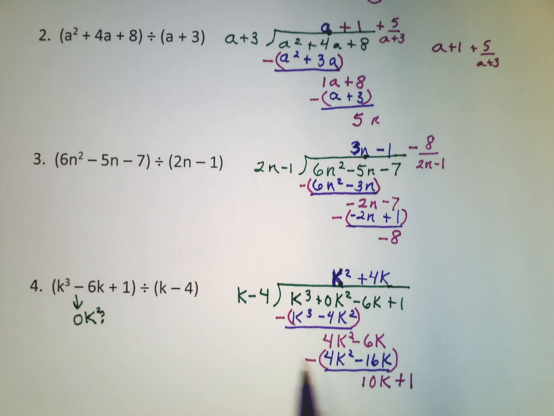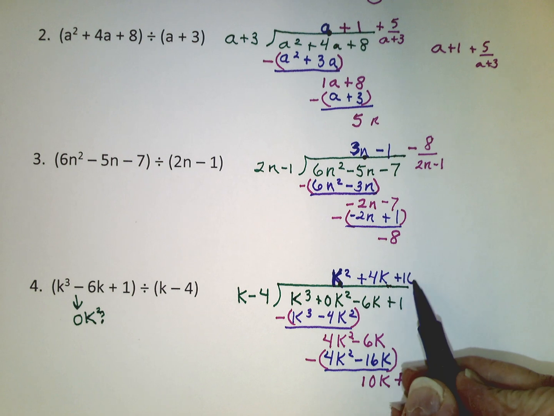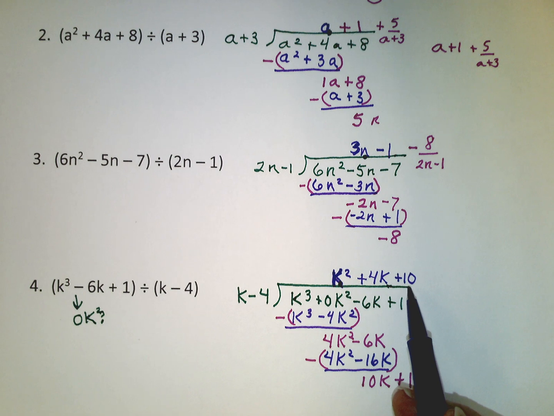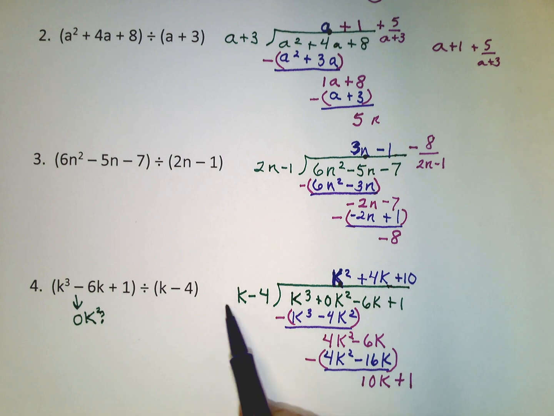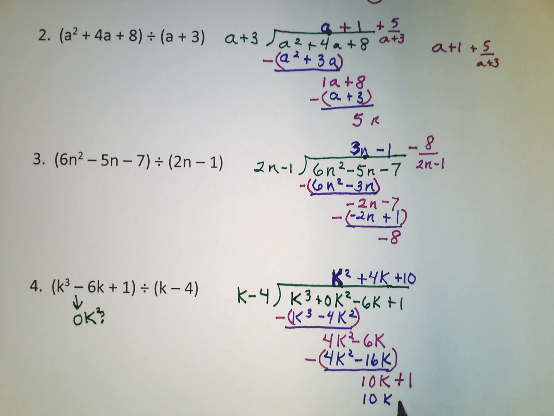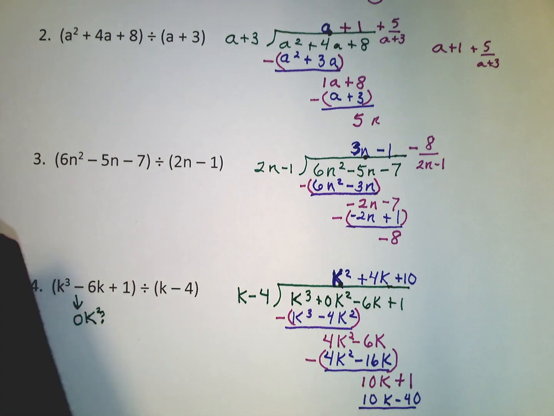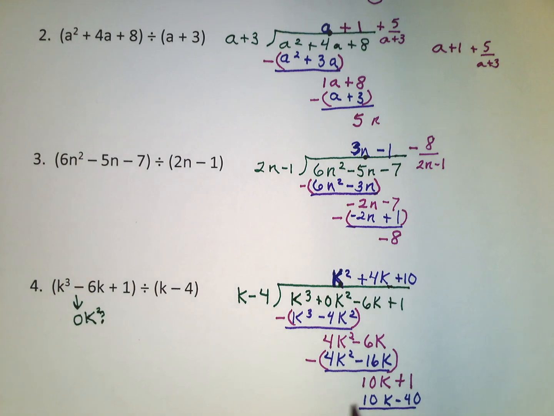So we're going to divide k into 10k. Well, you need to multiply by a positive 10. So I'm going to put a plus 10 up here. And then multiply 10 times the divisor. So we'd have 10k minus 40, which we're going to subtract.